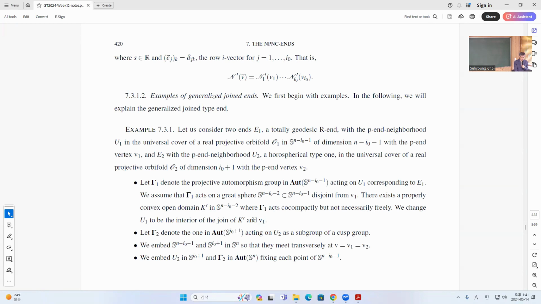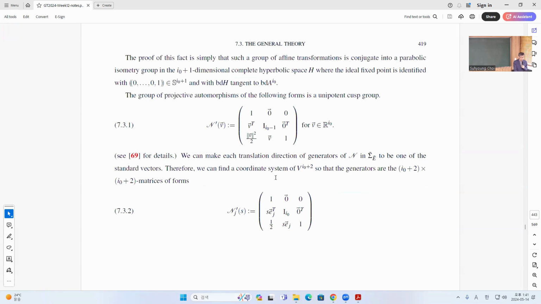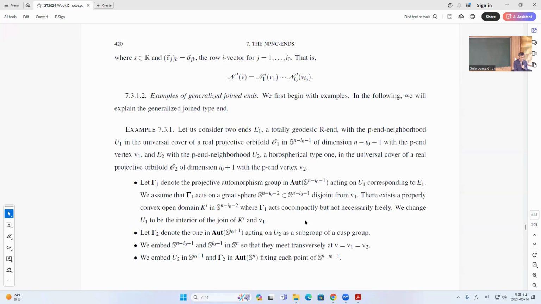So let's say, change U1 to be the interior join of this and V1, and then gamma 2 to be acting on U2 as a subgroup of the cusp group. So the horospherical group will always be the cusp group. I mean, by cusp group, I mean the ones also conjugate to these. So these are the standard cusp groups, I should say, right?